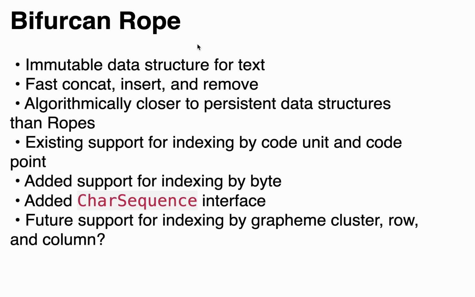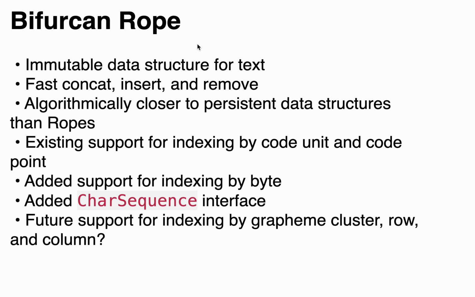If you look at the implementation, you'll notice that it's not like the typical rope implementations, but closer to persistent data structures. Like I said, it has built-in support for code unit and code point indexes. I added support for indexing by byte in order to make it interoperate with some of these other libraries more easily.